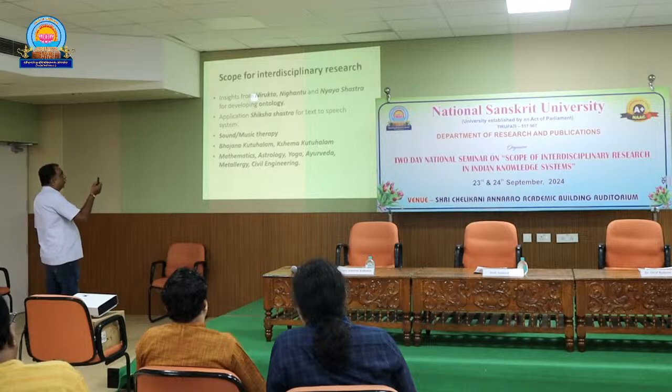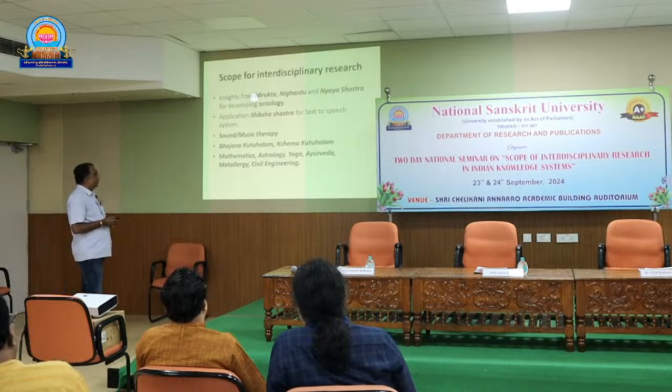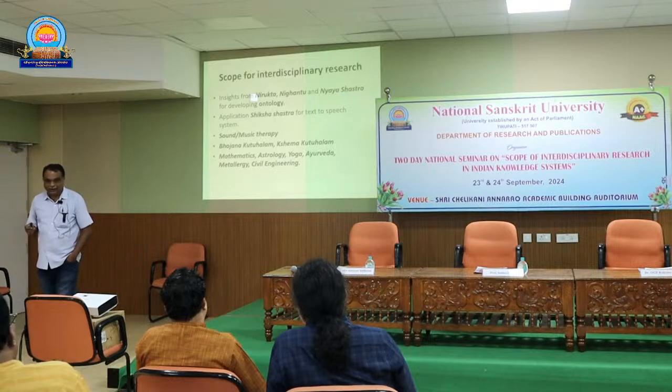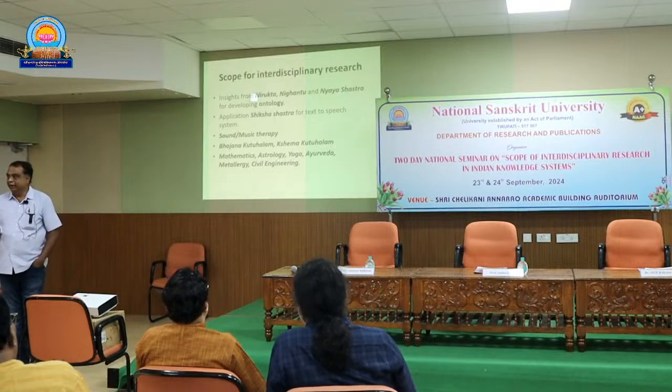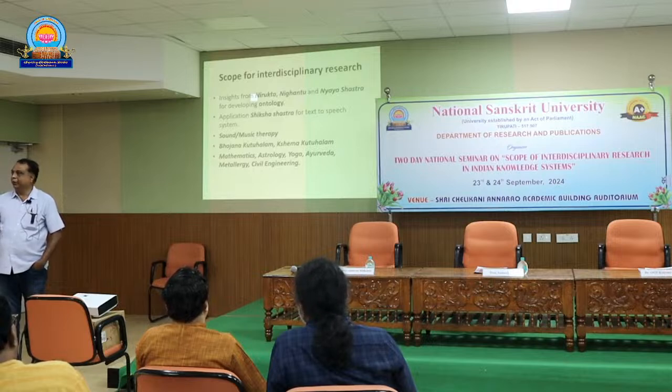Then the scope for interdisciplinary research: from the Nighantu, Nirukta and Nyaya Shastra, we can create ontologies. Now the world is talking about knowledge graphs. If you take DBpedia, it is nothing but the knowledge extracted from all of Wikipedia and given in the form of triplets. We have the entity, the attribute and the value.